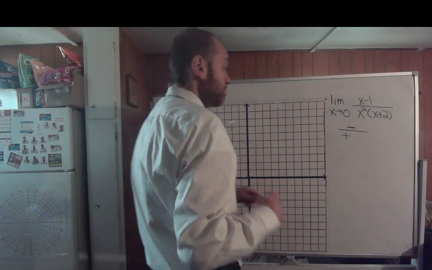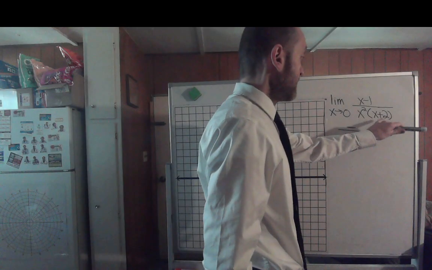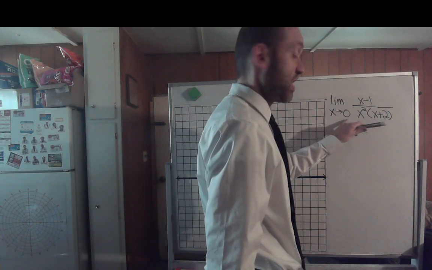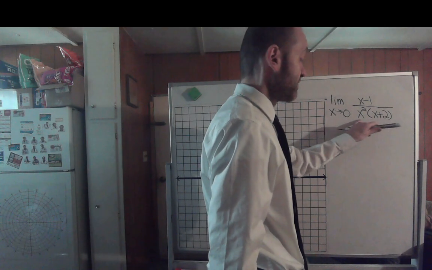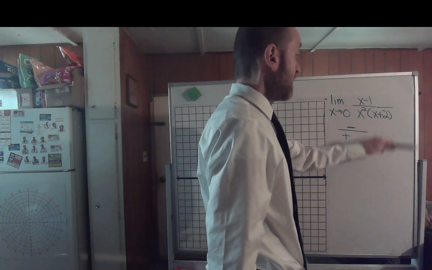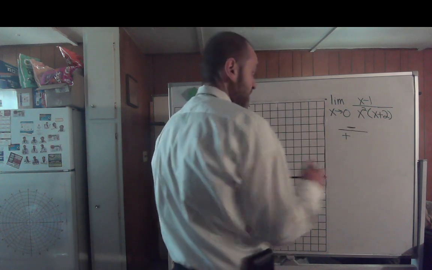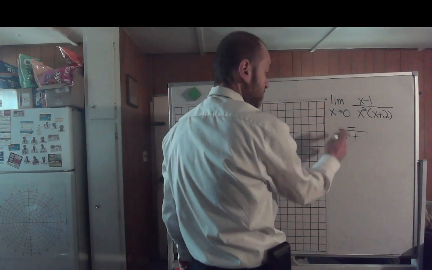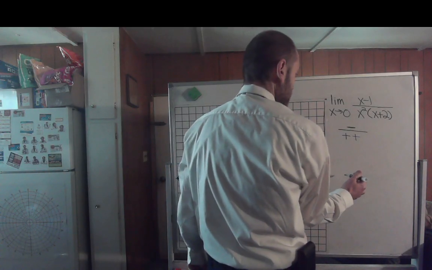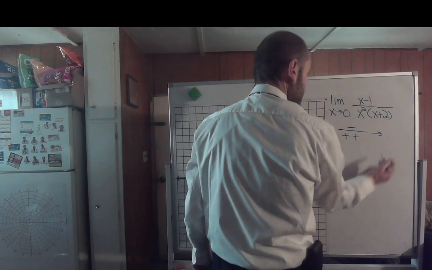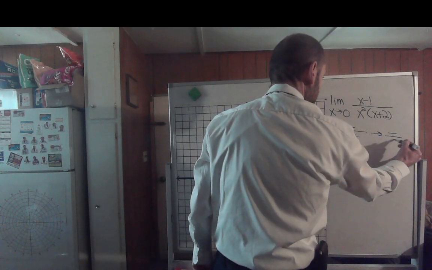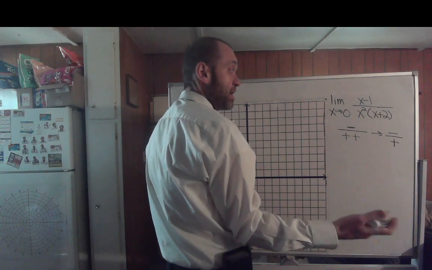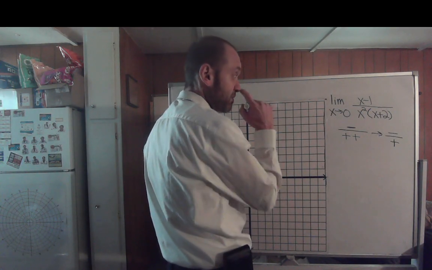Now, what about the x plus 2 component? Again, it doesn't matter if I approach x equals 0 from the left or right. I'm going to get a positive value for that x plus 2. So we have a negative over positive times a positive, which would turn into a negative over positive, which would give me a negative. A negative divided by a positive is a negative.